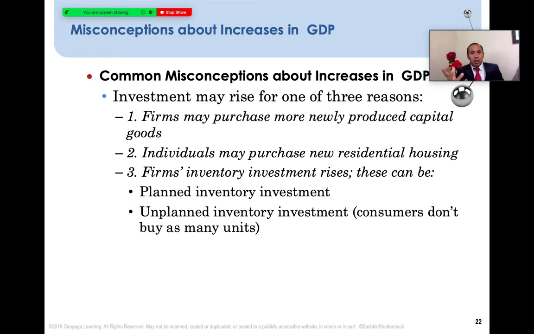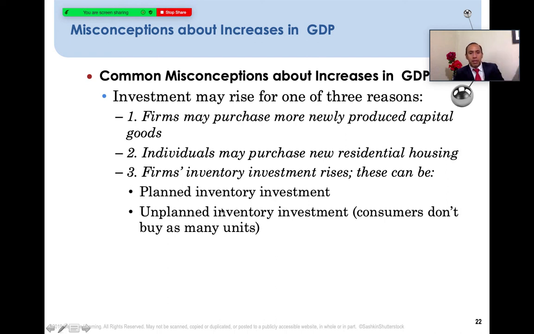Things happen in the economy, and in many cases the economy grows, in many cases the economy stagnates, in many cases the economy collapses for various reasons. So firms can purchase more capital if the economy is progressing, if the economy is growing. Sometimes firms can purchase less capital or no capital at all. Individuals may purchase more housing or not have enough income to purchase housing, so the residential sector may not grow, and firms' inventory may increase or decrease depending on what happens.